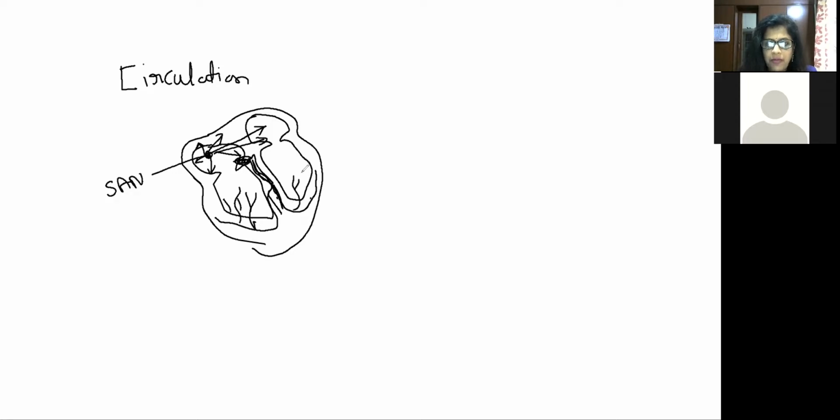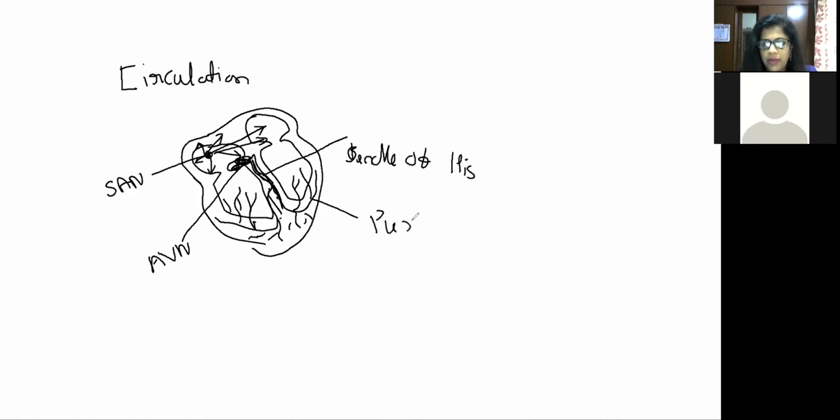First let me finish this, then we'll discuss these details. The one which is here, the nodal muscular tissue, is called auriculoventricular node, AVN, and this portion is called bundle of His. Then this we call Purkinje fibers.